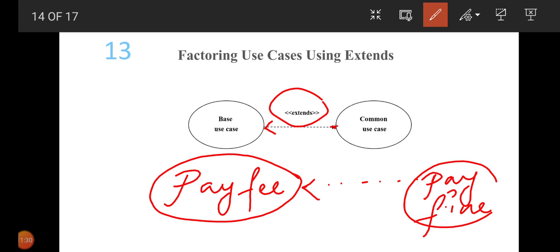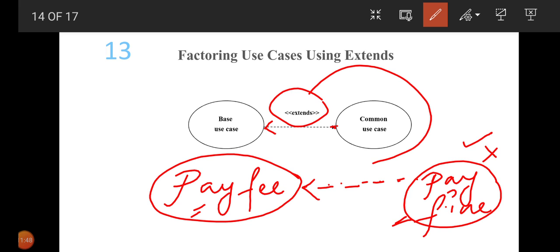So this we can or cannot make use of depending upon the base use case. So we have to identify this, and we have to keep this as an optional use case associated with the base use case, and we will simply add the extend keyword here in order to represent that this is an optional case.